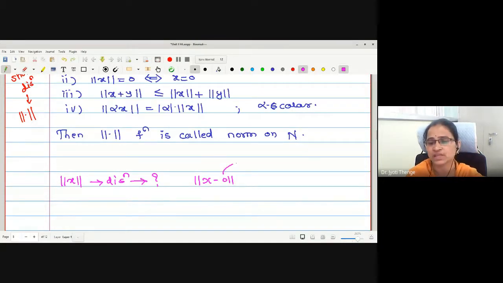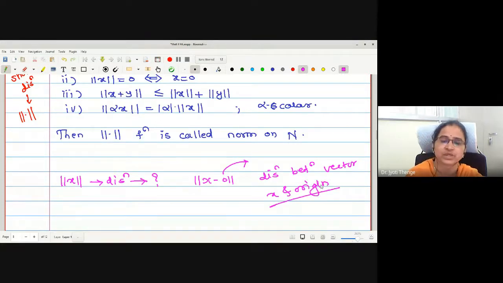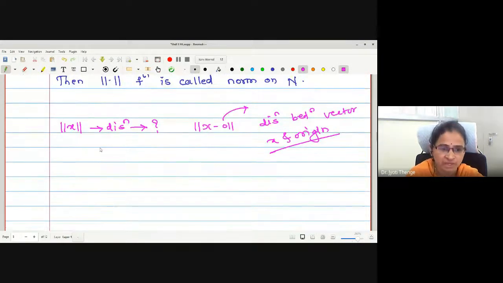So this gives us the distance between a vector x and the origin. 0 is a vector, and x is a vector belonging to the corresponding space N. Therefore, if I want to show this in an R2 space, if N is my two-dimensional real space and this is a vector x, then here is my 0, that is the origin.